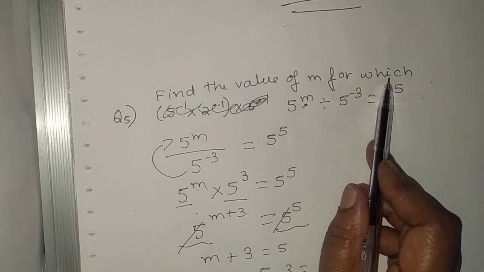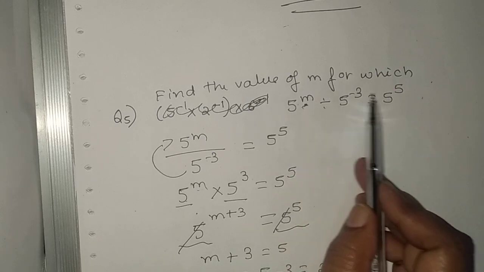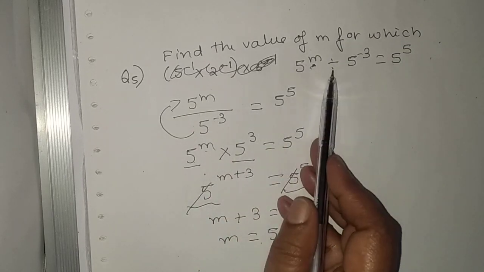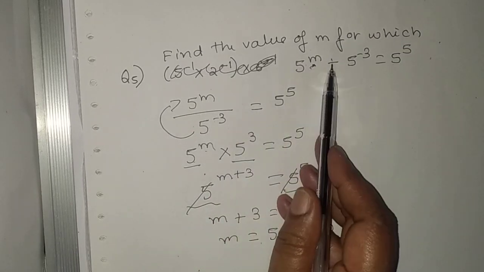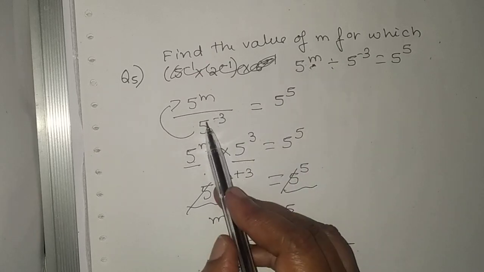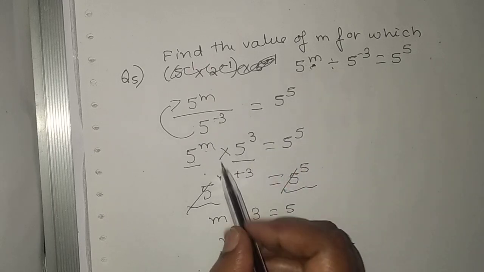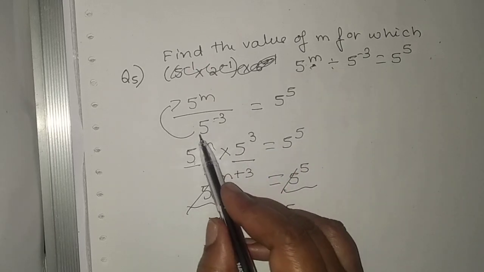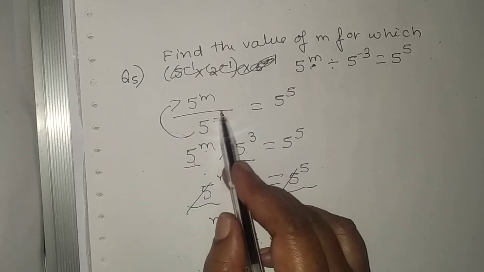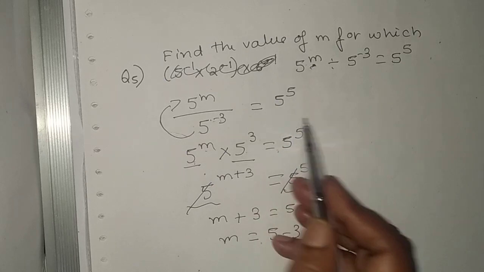Find the value of m for which 5 power m divided by 5 power minus 3 is equal to 5 power 5. So write 5 power m as it is, and since there is a division sign, write down 5 to the power of m divided by 5 to the power of minus 3 is equal to 5 to the power of 5. Take this 5 power minus 3 to the numerator, then this minus becomes plus, equal to 5 power 5.